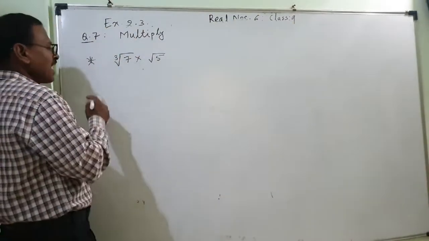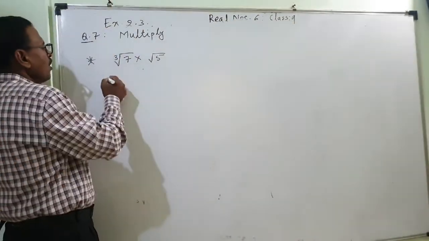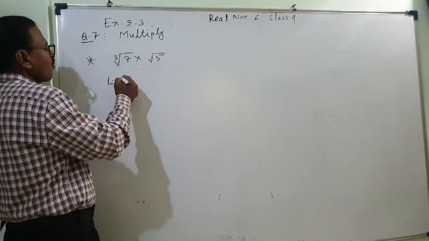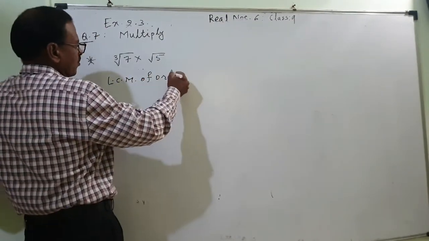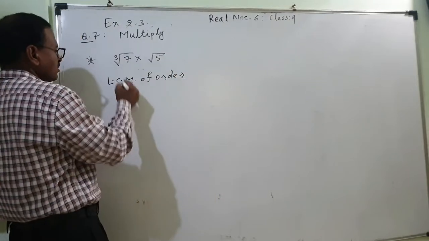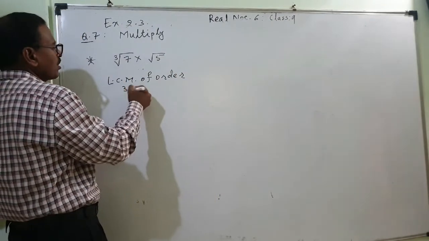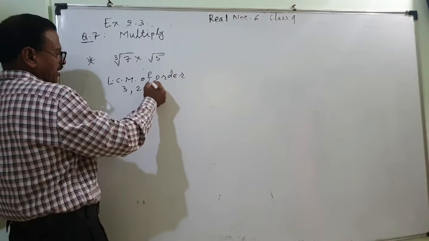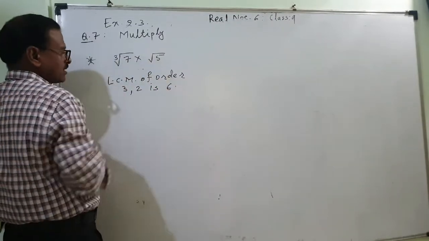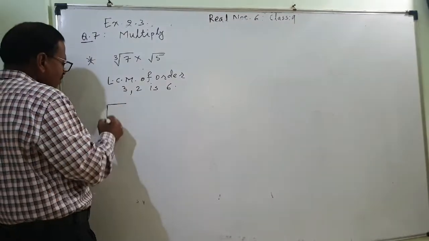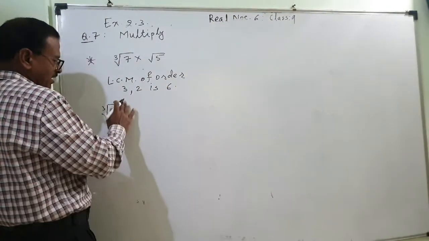Now in this what we have to do is take the LCM of the orders. 3 and 2, here 3, here 2, is 6. Therefore, what I will do is cube root of 7.